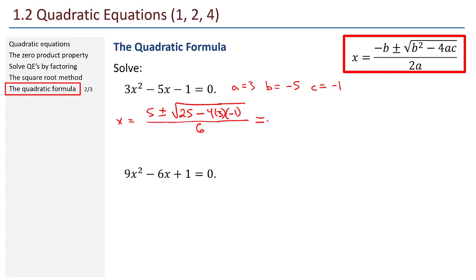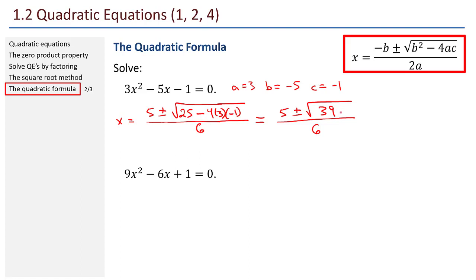That equals 5 plus or minus the square root of, well, let's see, 25, this I'm subtracting off, looks like -12, so this is 25 plus 12. 25 plus 12 is 39, all over 6.